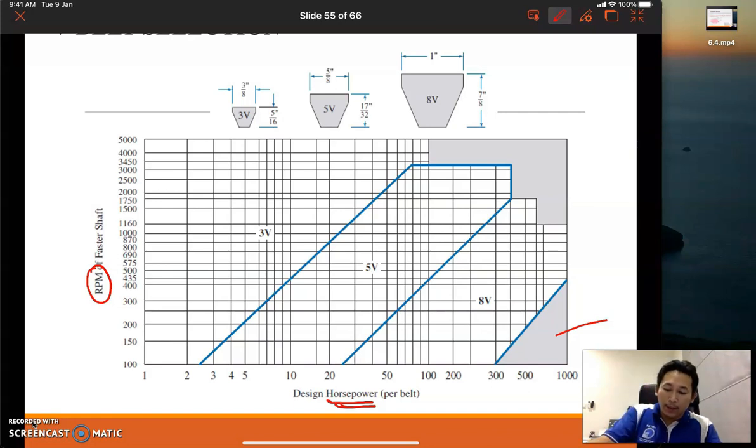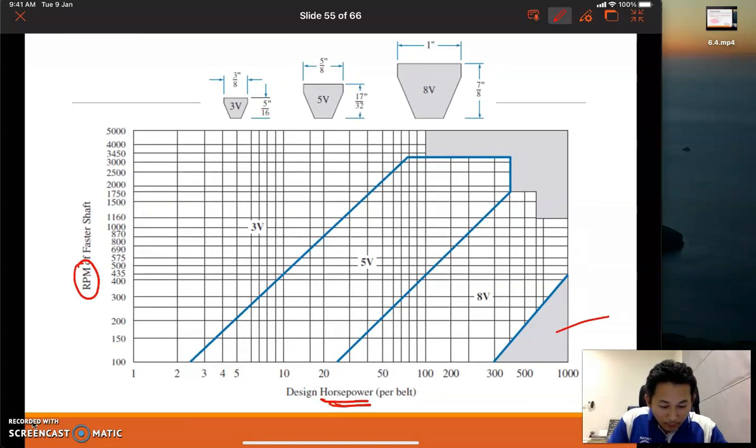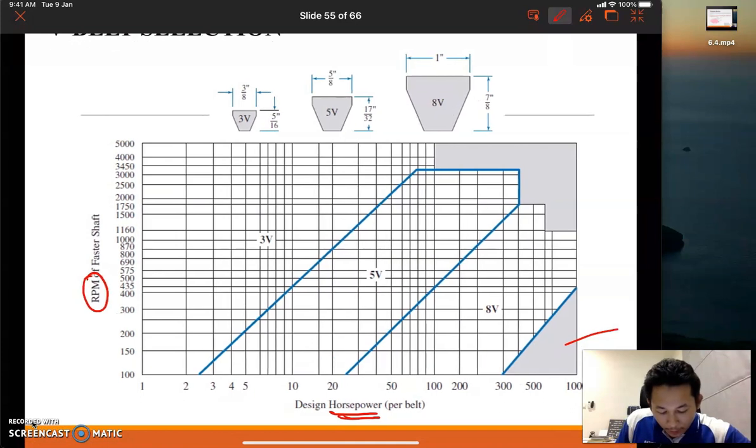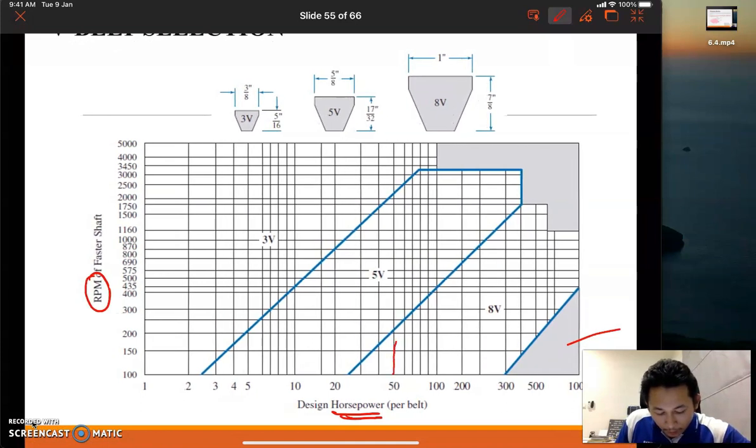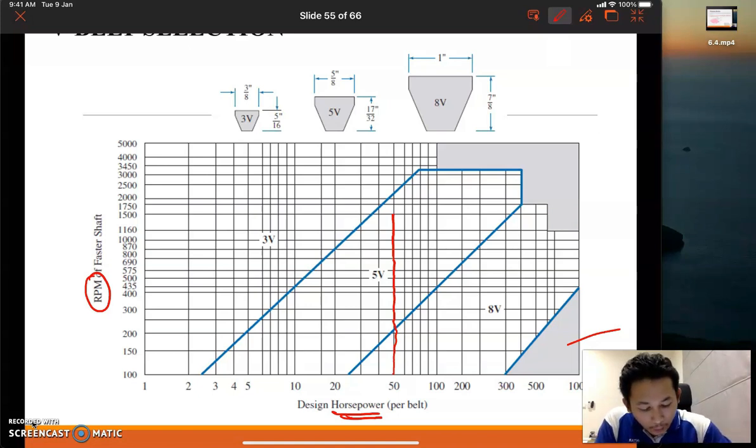So we have 50 HP, and then we have 1725.